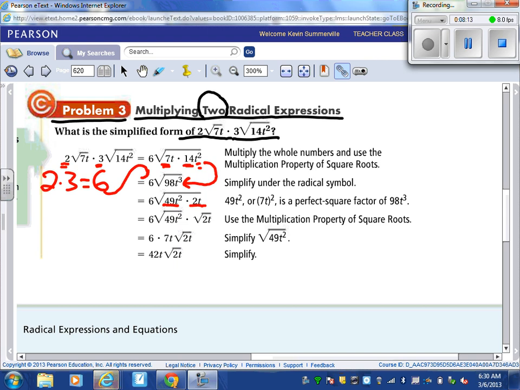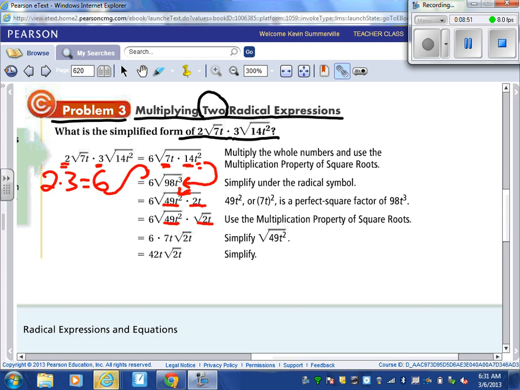Noticing that the number is a perfect square, they put an even exponent with that t to get t squared and left a t with the other number. So what you're left with is the square root of 49t squared times the square root of 2t.